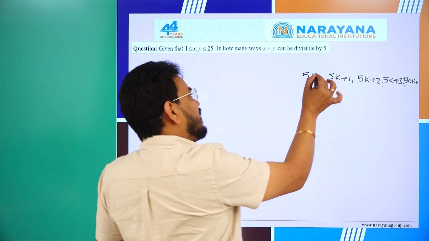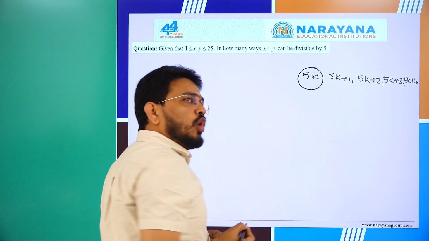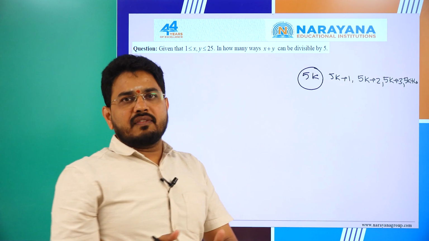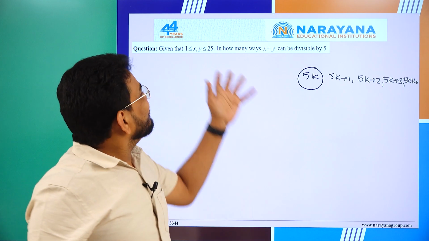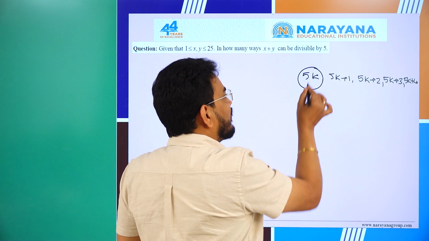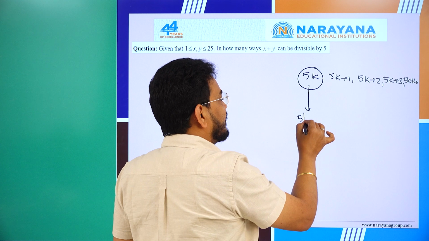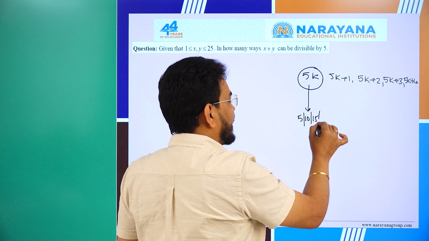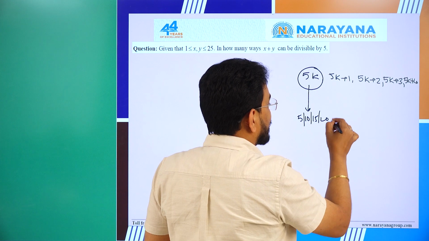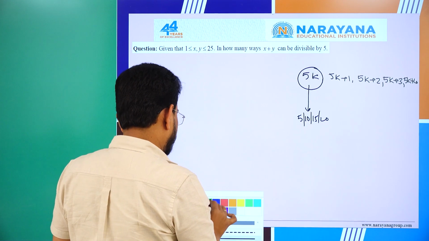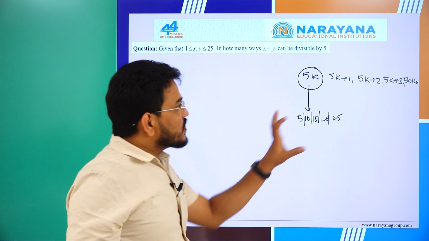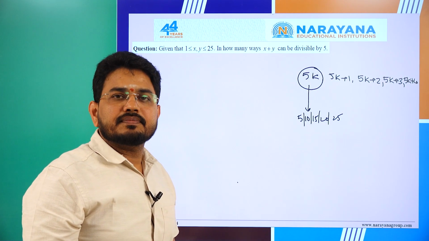Now, if I take both x and y from 5k, the sum will be divisible by 5. But how many numbers are in the 5k form? You have 5, 10, 15, 20 and 25. So 5 numbers are there.